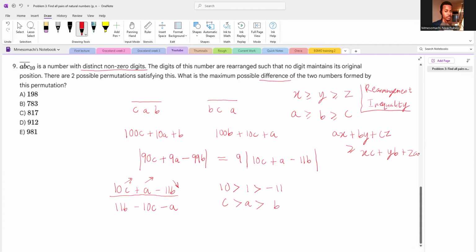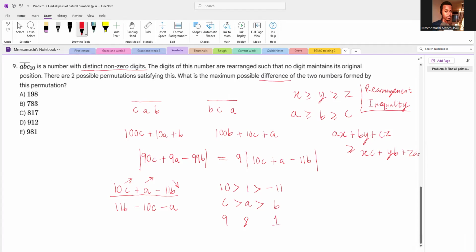To maximize this, first of all, C has to be the biggest, and as C increases, the whole expression increases. So the value of C that maximizes this is going to be 9. As A increases, the whole expression increases, but recall that we're dealing with distinct digits, so A has to be 8. And remember, as B increases, the whole expression decreases, so we want the smallest possible value of B. So B has to be 1.